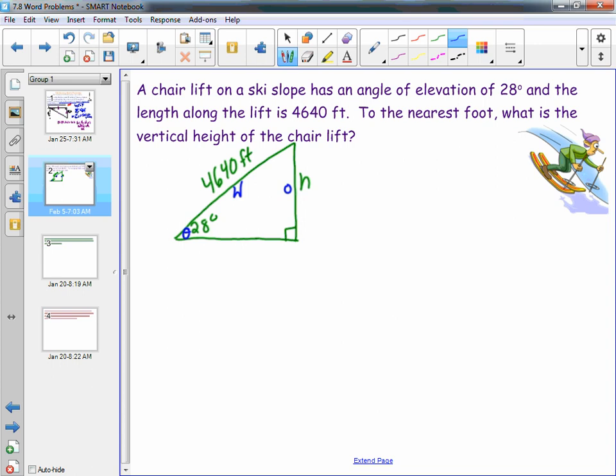Opposite and hypotenuse, I am using sine because I have SOH. So the sine of 28 degrees is equal to the opposite, h, over the hypotenuse, 4,640. And again, I'll put sine over 1. I'm going to cross multiply.